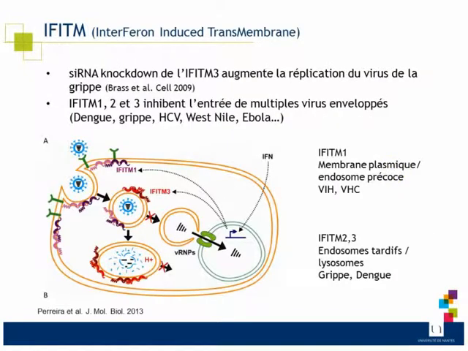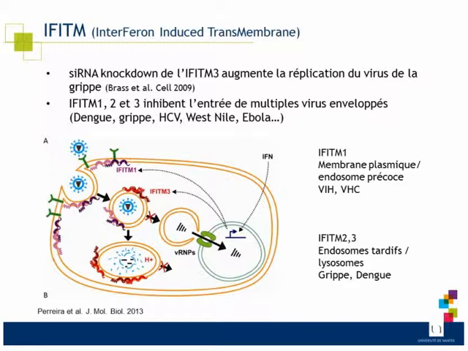The next one is a molecule called IFITM, which is for interferon-induced transmembrane protein. Now this one was identified kind of by accident, because there was a group looking for cofactors necessary for influenza virus infection.